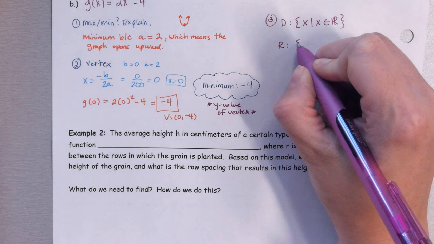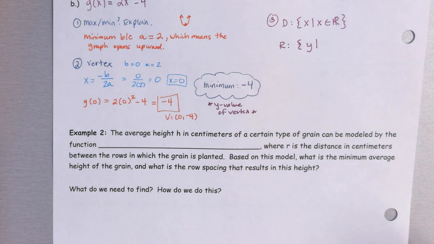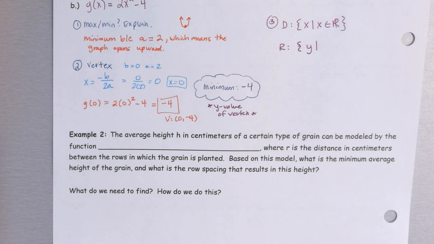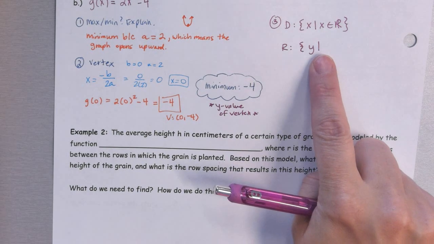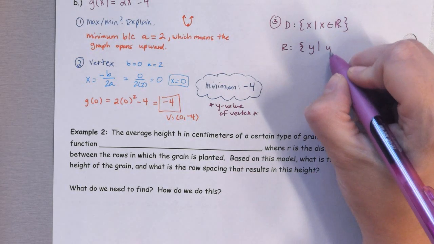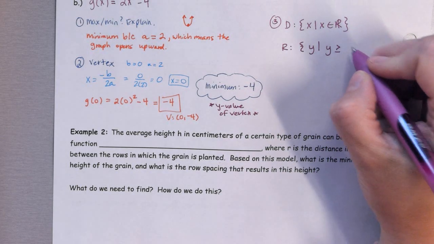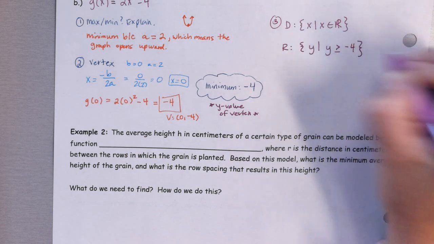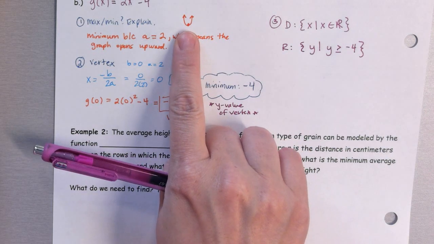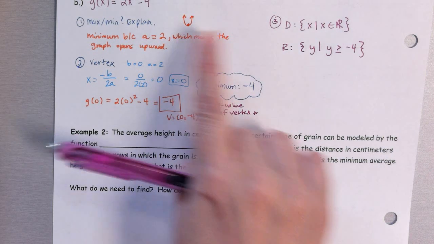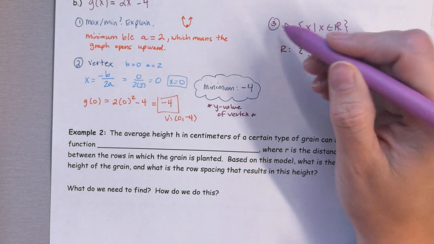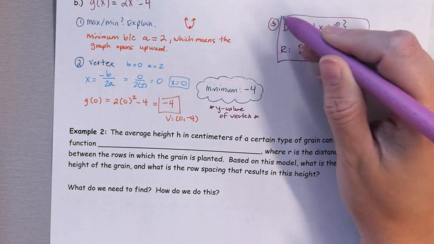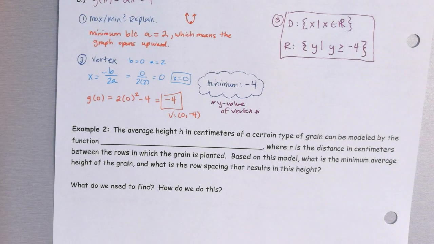And then your range should be y, such that, Julian, will you tell me what you put for this part? Good, y is greater than or equal to -4. So if it is opening up, okay, all of the points are above it, so y is greater than or equal to.